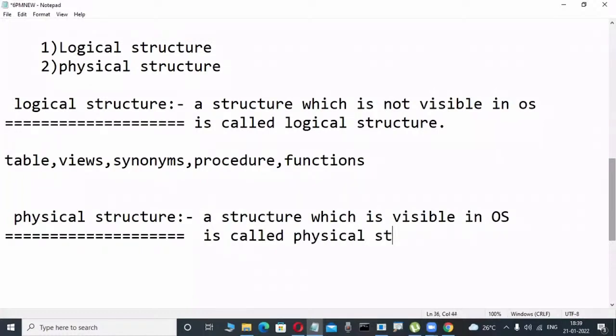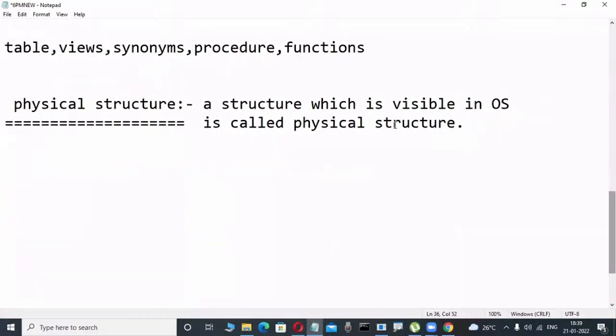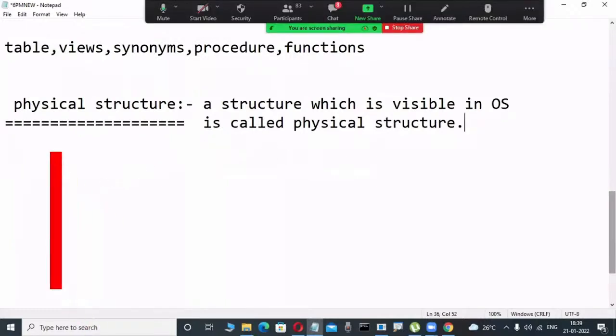Who are the persons working in this physical structure? It's a big concept. I'm telling the definition side only, because what a database is, I will tell you which definitions are correct. A structure which is visible in the operating system is called a physical structure. Suppose I am installing software, some physical files are created in the disk.